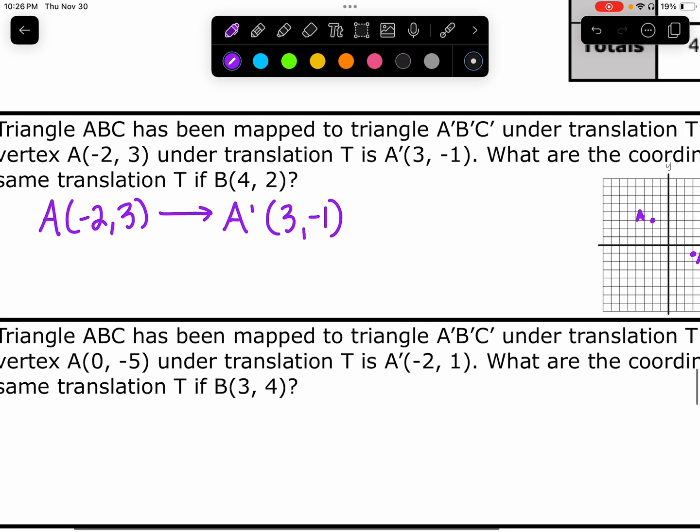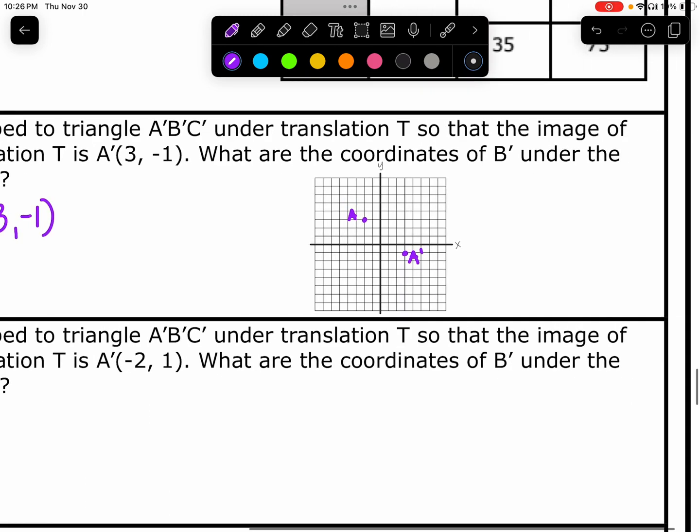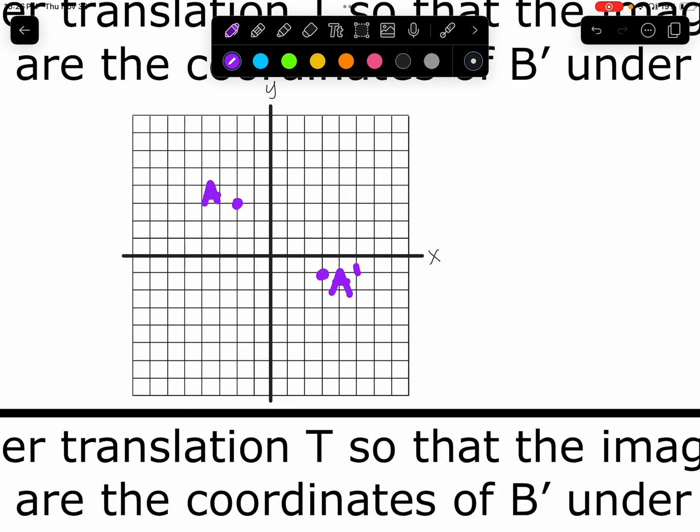Okay, make sure I did that correctly: (-2, 3), (3, -1). So let's figure out this translation. This is the original one over here, so we have to go to the right one.